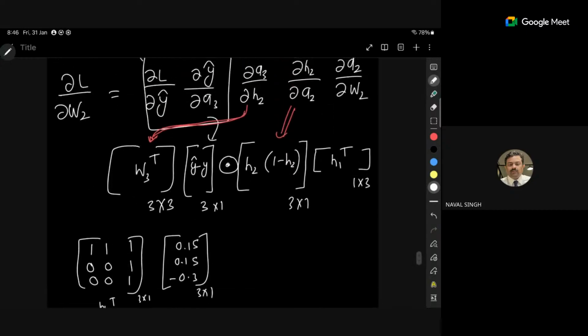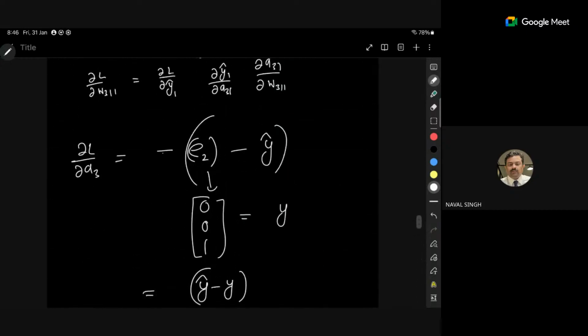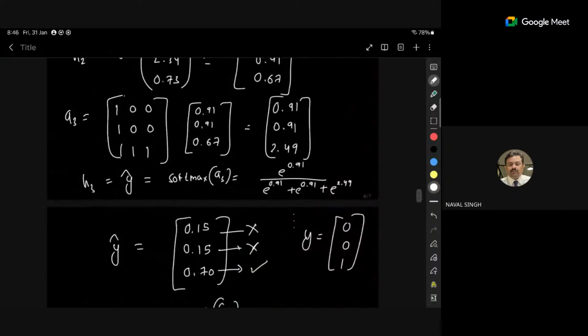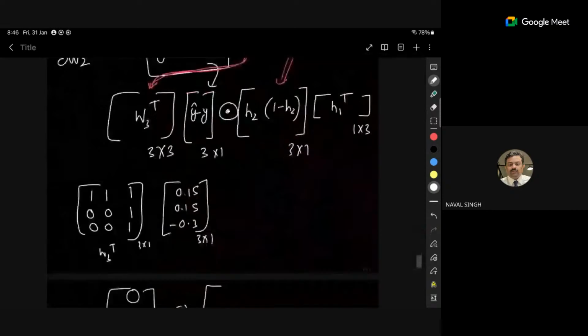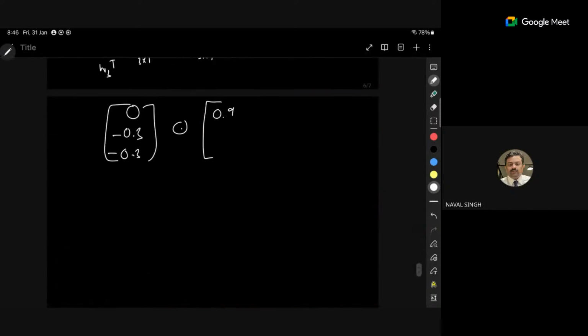So if I go and check h2, that is 0.91, 0.91, 0.67. Now I will do 1 minus 0.91, 1 minus 0.91, 1 minus 0.67.